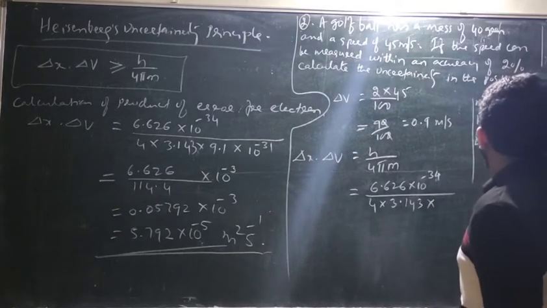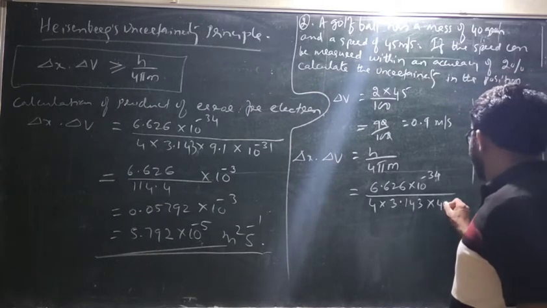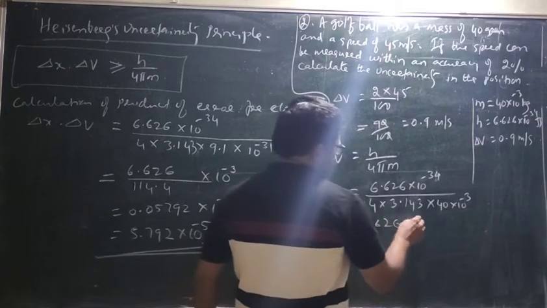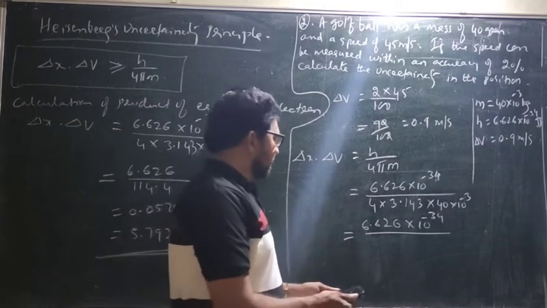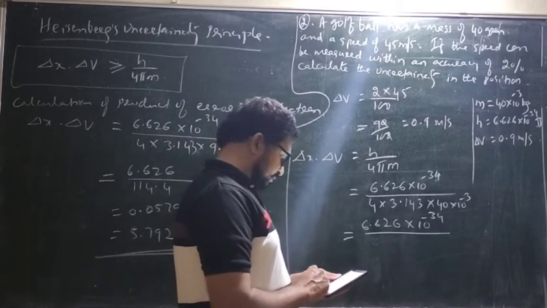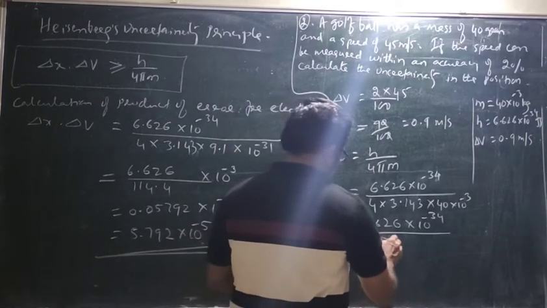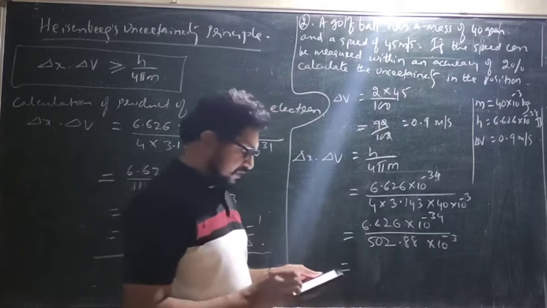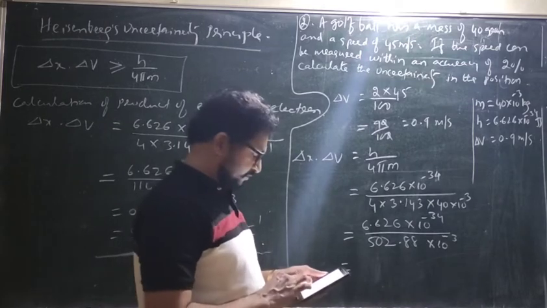Mass is 40 into 10 raised to minus 3 kg. 6.626 into 10 raised to minus 34 divided by 4 into 3.143 into 40. 4 into 3.143 into 40, the answer is 502.88 into 10 raised to minus 3. Now look here, 6.626 divided by 502.